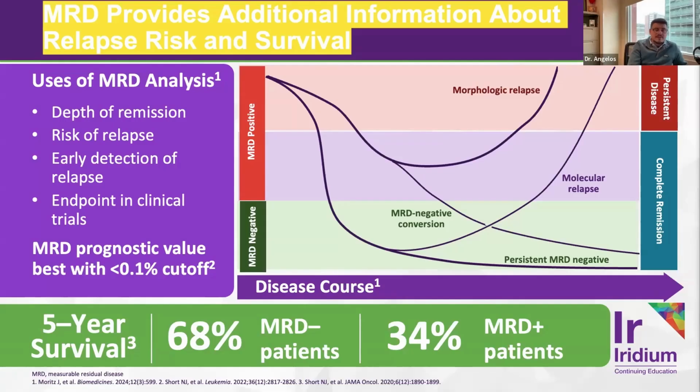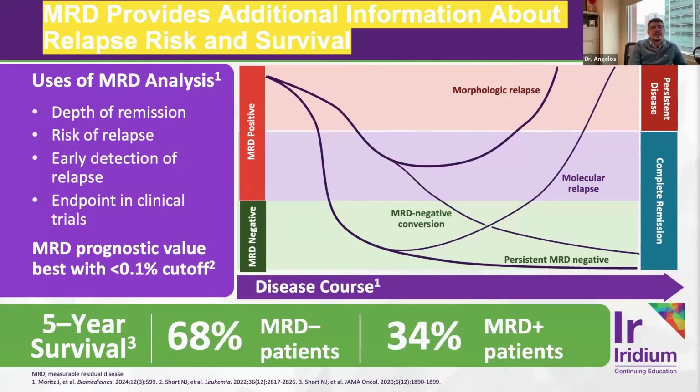Now, you have to be a little careful on how you define MRD. MRD is not standardized across our field quite yet. There are many different techniques and modalities that are used with different levels or different depths of sensitivity. But as a general concept, our field does typically consider at least flow cytometric analysis, multicolor flow, or send-out flow to a standardized facility to be the gold standard on whether or not they're MRD positive or negative.